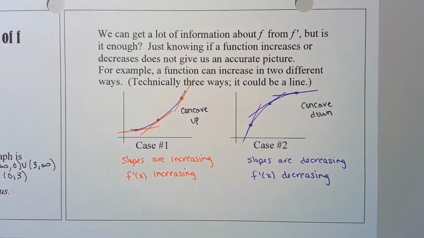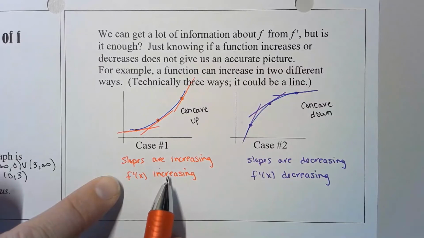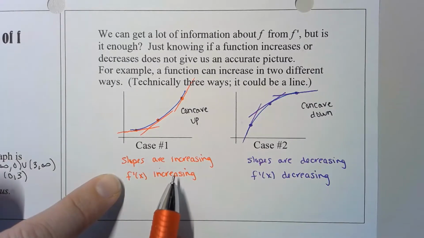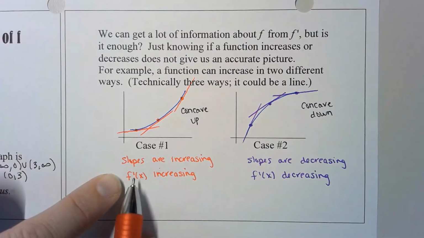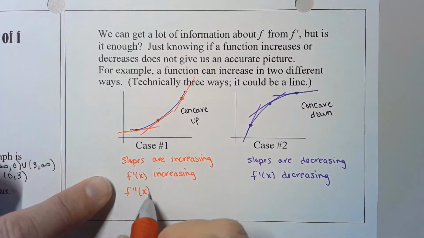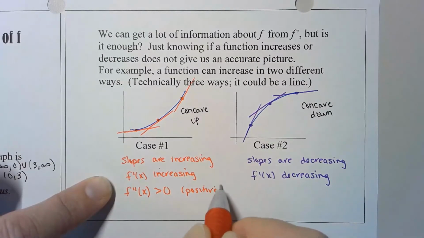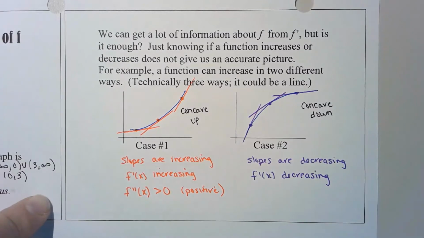And just in general, if a function is increasing, we've been saying this now for 2 days, its derivative is positive. Well, our function is f prime. F prime is increasing, so its derivative is positive, or above the x-axis.